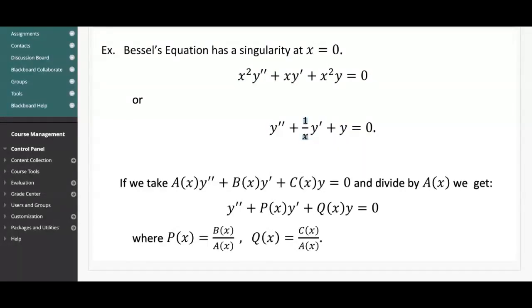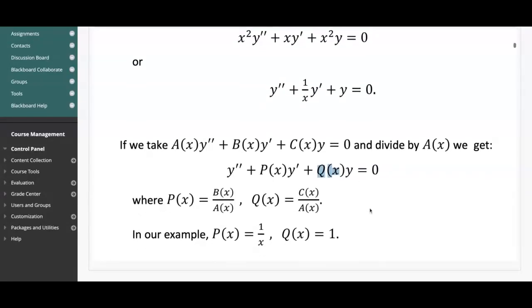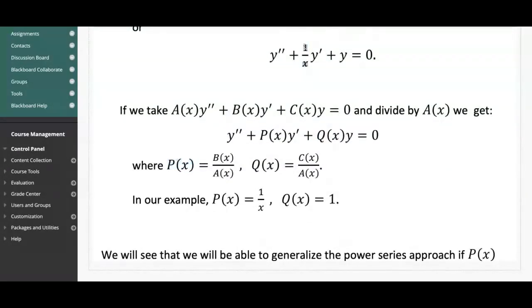Now this 1 over x is our p of x, capital letter P of x. And this y coefficient is 1, so q of x is just 1. Right. So p of x is b divided by a. q of x is c divided by a. So we get 1 over x and 1.